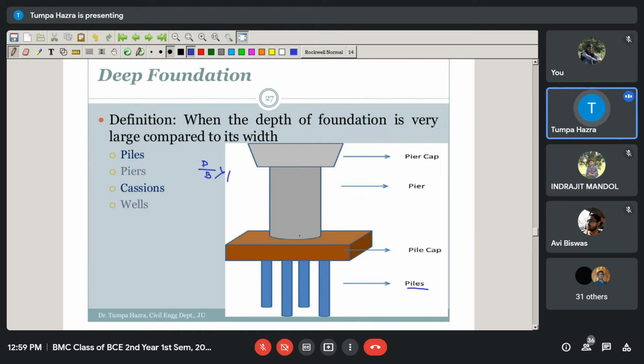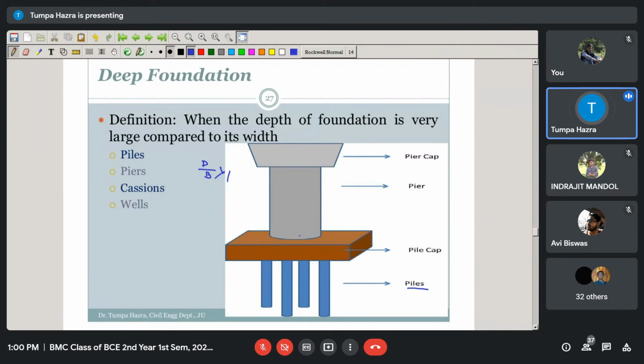Okay, whenever the load of the building is excessive, as well as the soil adjacent to the footing is of very low bearing capacity, then to transfer the load to a deeper area, the pile foundations or deep foundations are constructed.